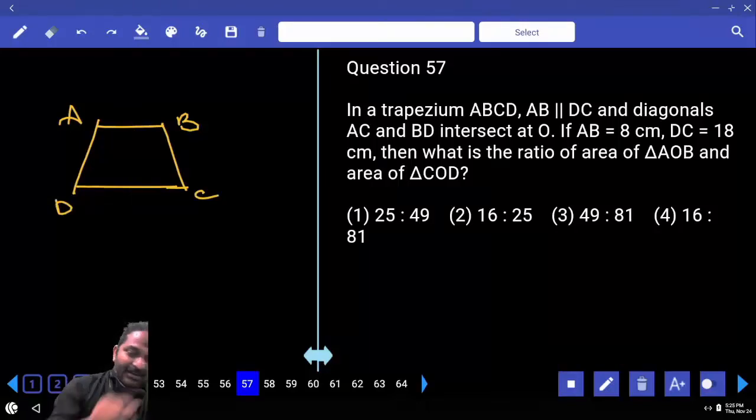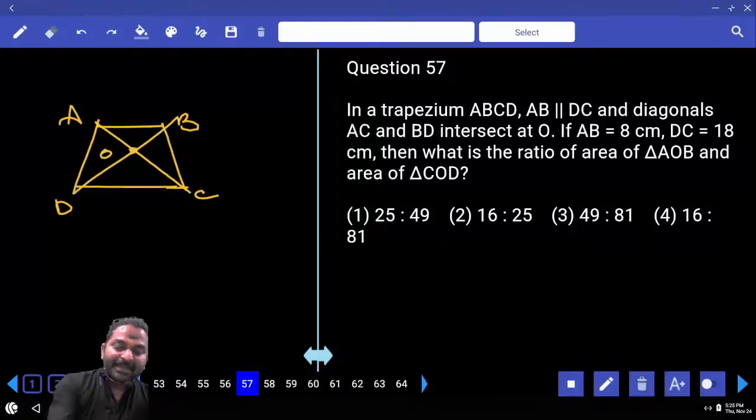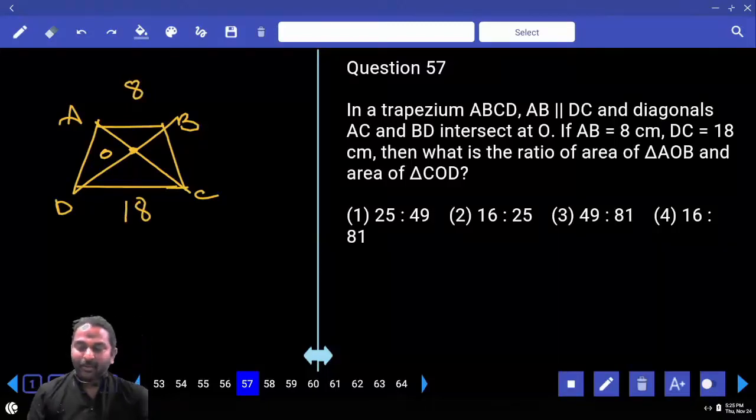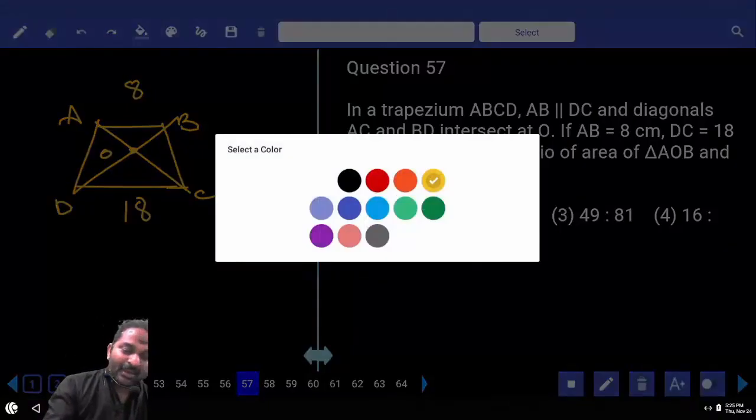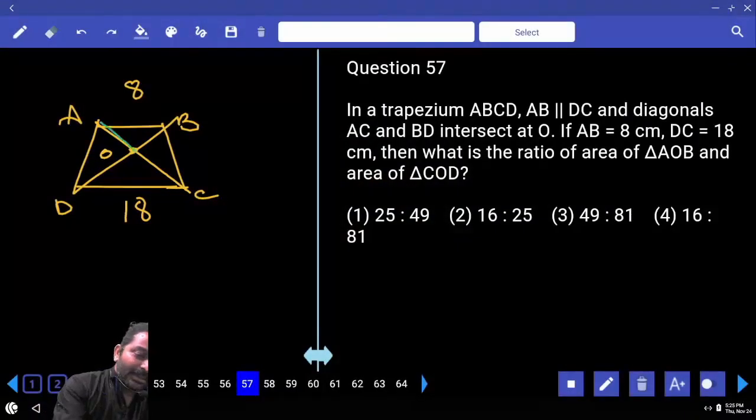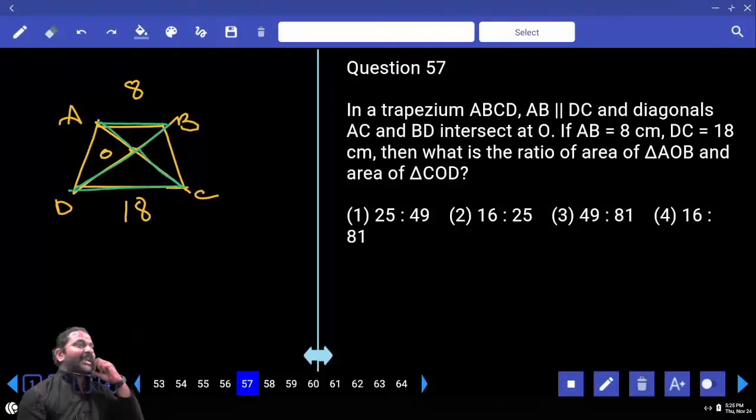Okay, they are parallel. And diagonals AC, BD intersect at O. If AB is 8, DC is 18, what is the ratio of area of AOB and then COD? These two triangles' area we have to calculate the ratio, correct?